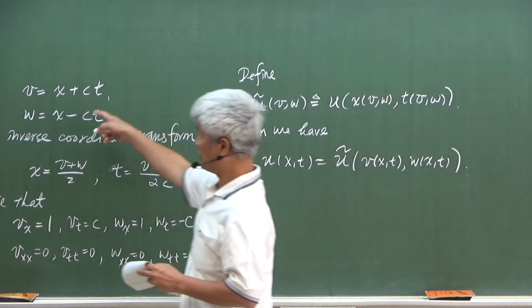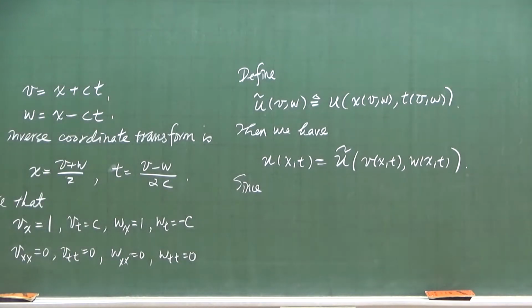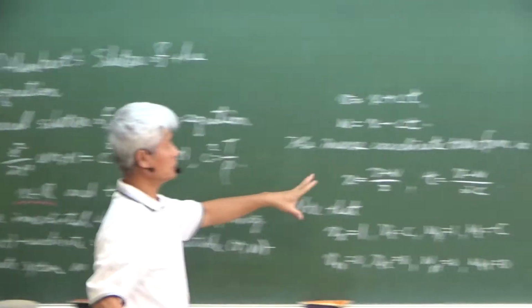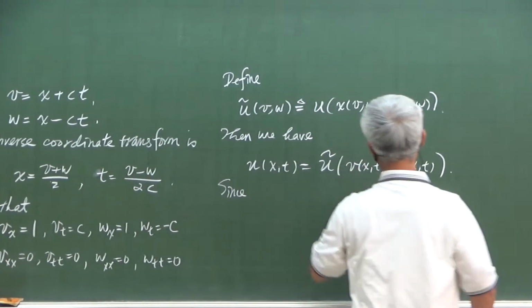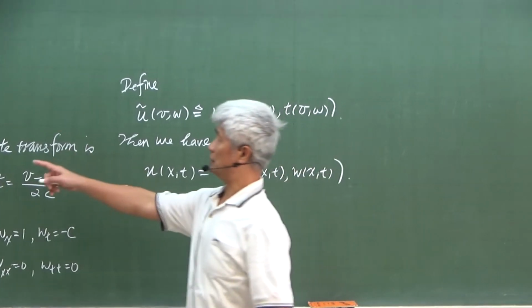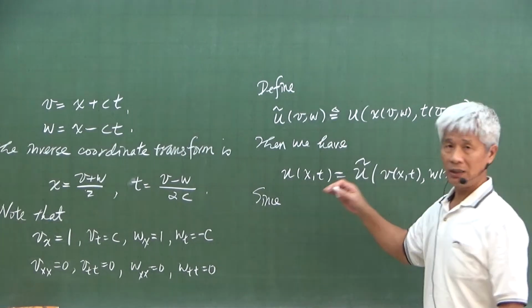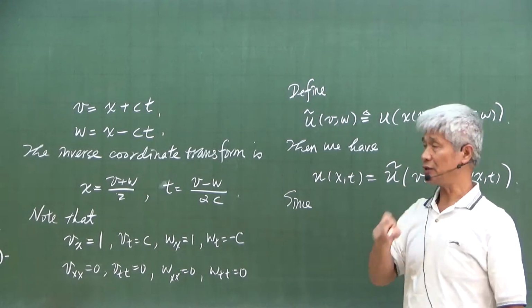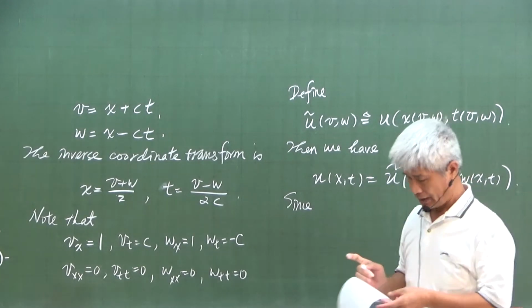Now with the coordinate transformation, we would like to transform the original wave equation. Here the independent variables are x and t. So we want to transform this equation into another equation governing u tilde, where the independent variables become v and w.